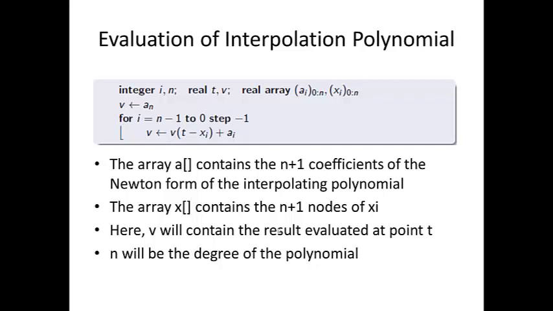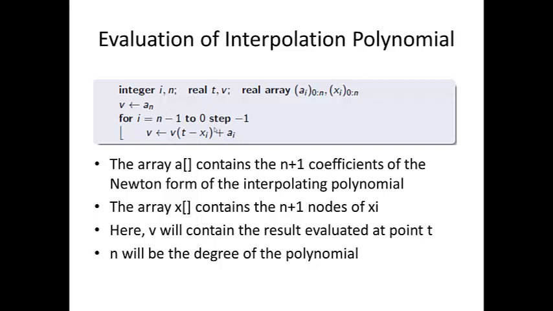Of course, i is going to take on the i values, and v will contain the result of the polynomial evaluated at point t, and n is going to be the degree of the polynomial, so we're going to go all the way from n minus 1 down to 0, going in reverse for that loop.